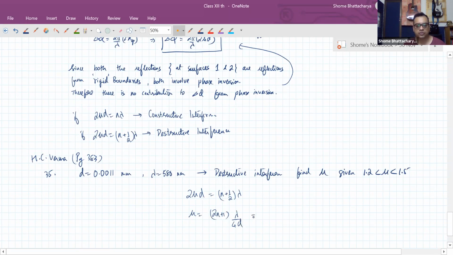So that is some odd multiple of lambda, which is this much, upon this, which is, let me see, 11 into 10 to the power minus 7 in the denominator.